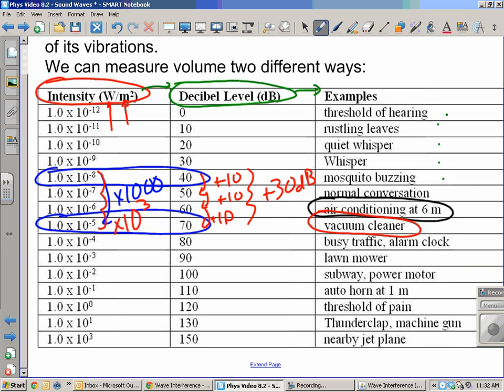There's more to it than that. The main reason this is happening is because this is a logarithmic scale. But I don't want to get too bogged down with the math. All right. So you should be able to do stuff like this. Like suppose you heard a sound at 90 decibels and then you turned it up to 110 decibels. If I asked you how many times louder that was, well, you added 10 twice, right?